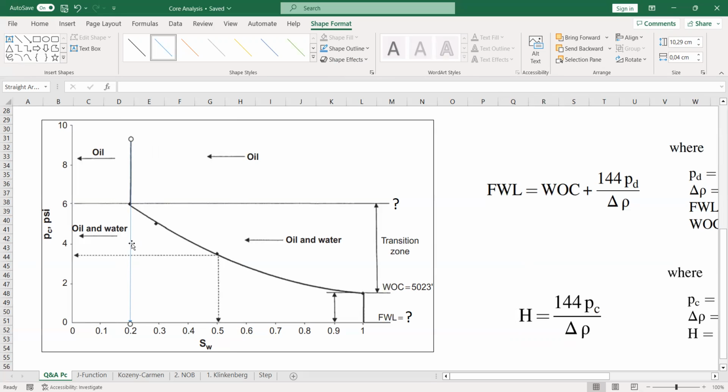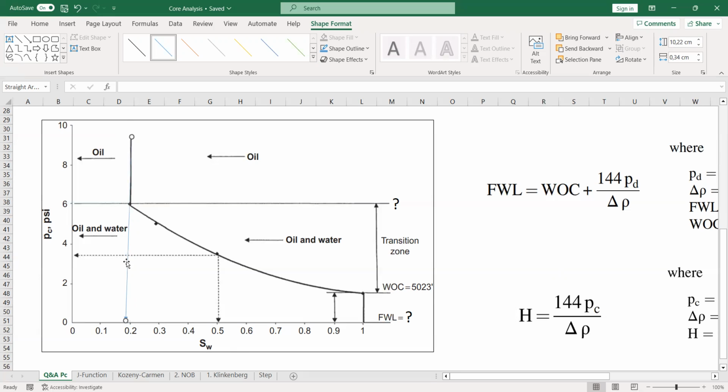And then water exists at its lowest saturation in the pores. And we call that connate water. And the saturation of it is the connate water saturation. All right, you cannot go below this saturation. Okay, this is the minimum capillary pressure possible for this oil water system.